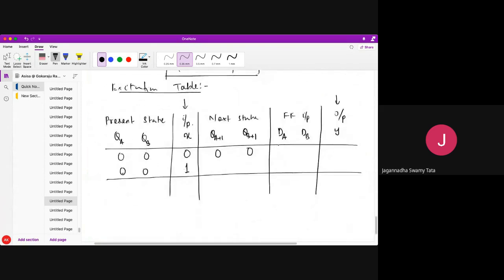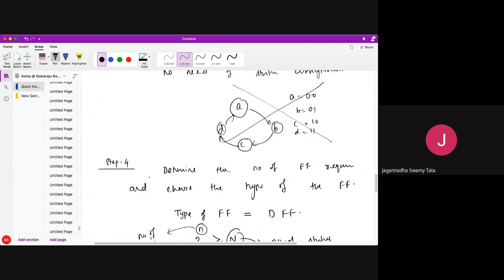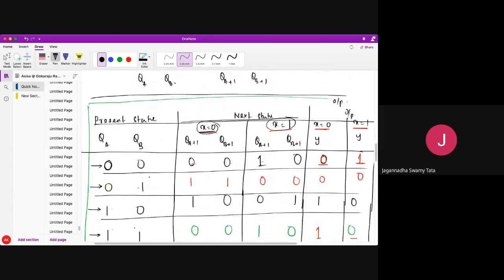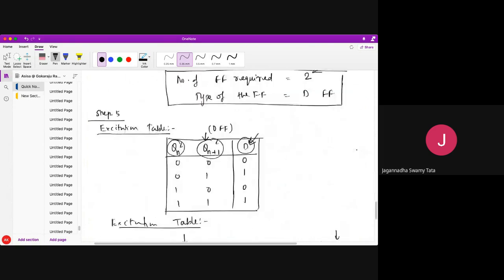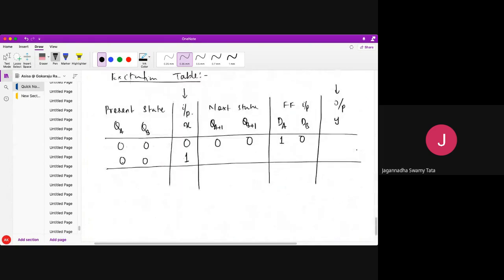That I am going to write down here, 1 0. Now, what is my output Y? Here you can see, for X equal to 0, my output Y is 0, and for X equal to 1, my output Y is 1. That I am going to write down.